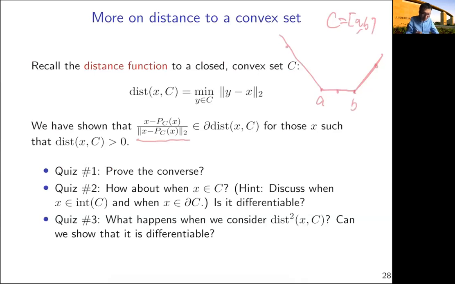And then answer the question of how, generically, do we generalize from this one-dimensional convex set: the distance to any convex set is differentiable inside the convex set, and differentiable outside the convex set, but on the boundary it is not actually differentiable.